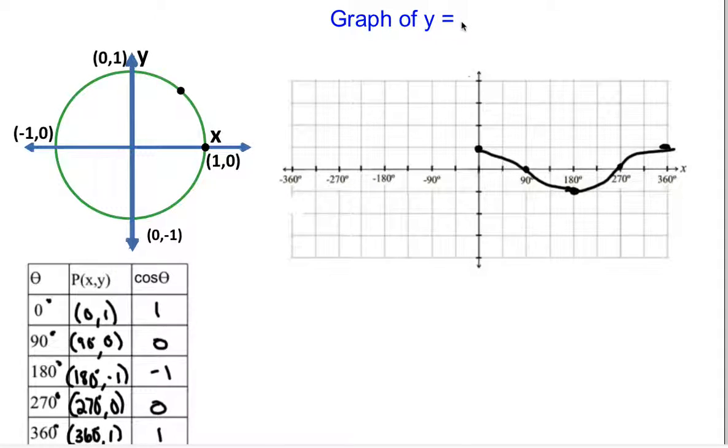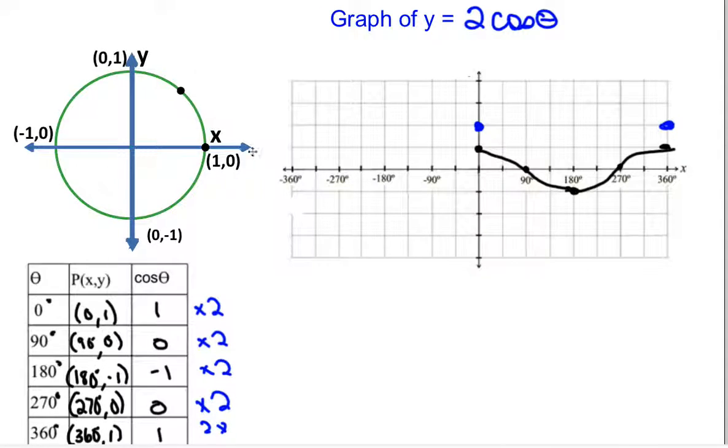This is, again, our parent function. And if we put a 2 in front of this, very similar to what we did with our sine, then all of these y values are going to be multiplied by 2, just like our sine. So instead of going up 1 right here, we're going to go up 2. And if it starts at 2, guess where it's going to end on 360?